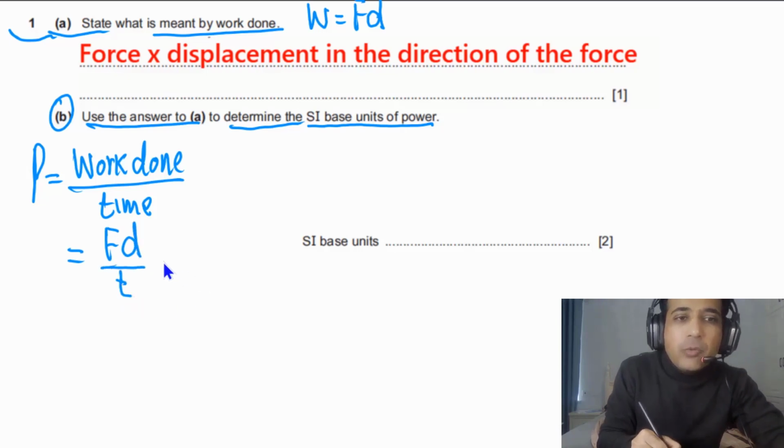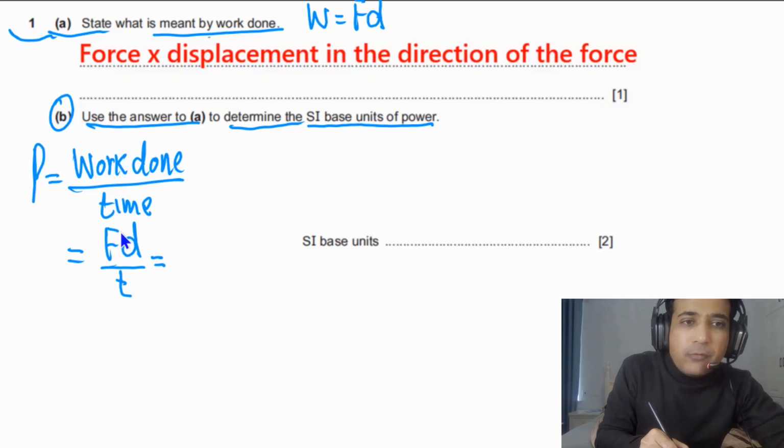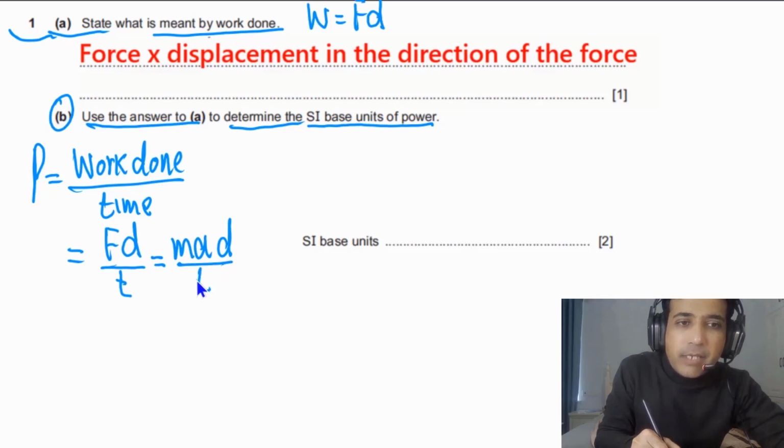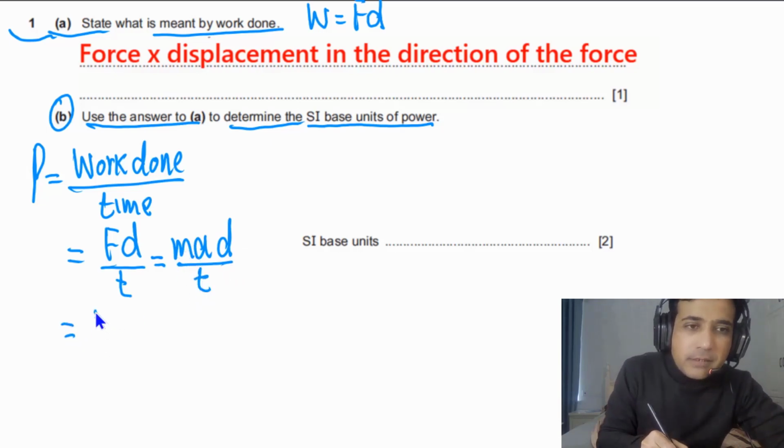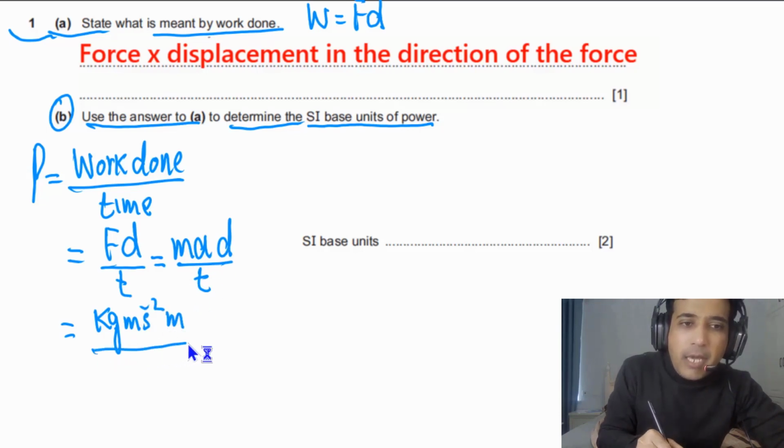And now we can write down SI base units for the force. Force we can also write down as equal to m a, mass times acceleration. Now we can write down the SI units. The SI unit for mass is kg, the SI unit for acceleration is meter per second squared, for displacement is meter, and for time is second. Now we can simplify this one.